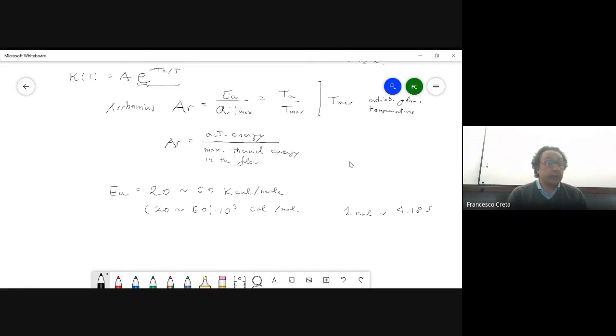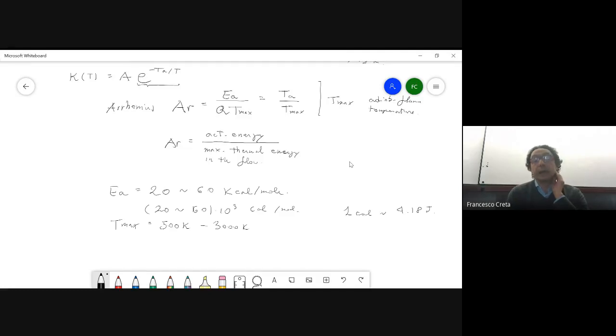And okay, these are numbers. Tmax, well, what's Tmax? Again, it's the maximum possible temperature that you can have in your chemical system or combustion system. Now, in order to estimate Arrhenius, we can say that it's anywhere between 500 Kelvin, a very, very cold combustion, let's say, all the way to, let's say, 3,000 Kelvin.